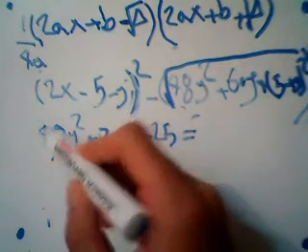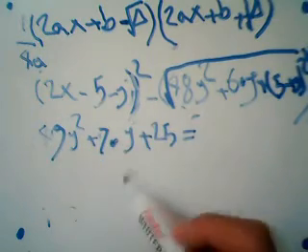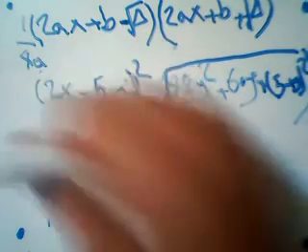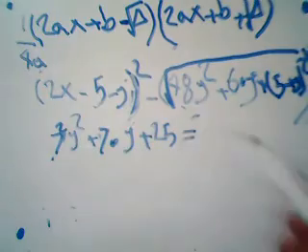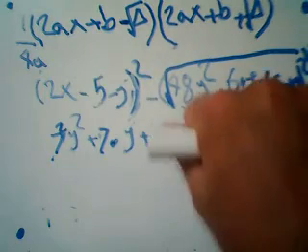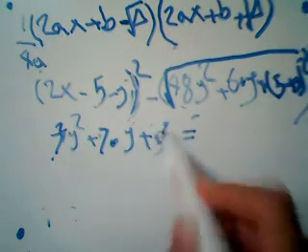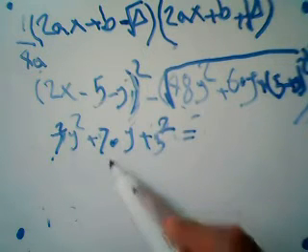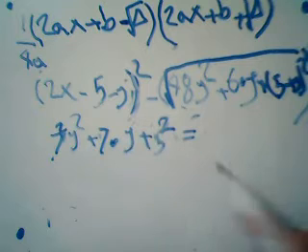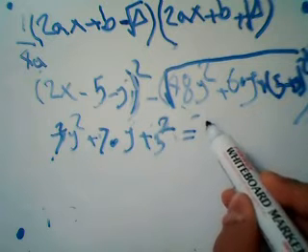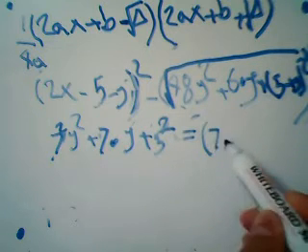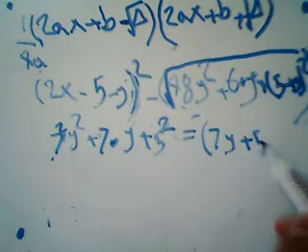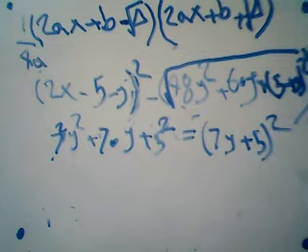And this is 49, which is 7 squared, and this is 5 squared, and 7 times 5 is 35, and double of it is 70. So this is (7y plus 5) squared under the radical.